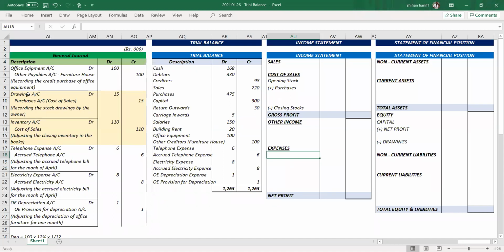Then you have to start with these two adjustments, the adjustments which we didn't do for cost of sales.